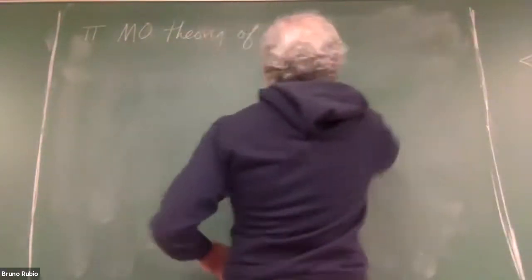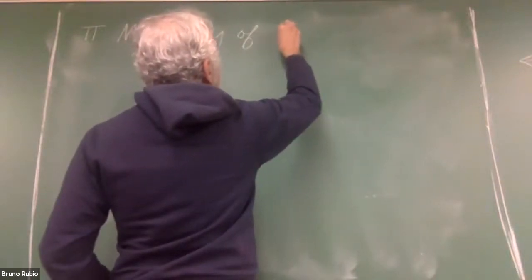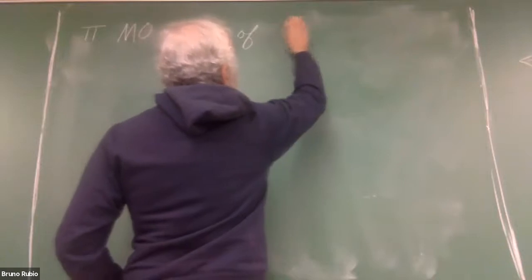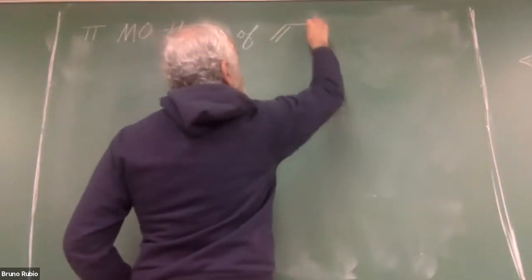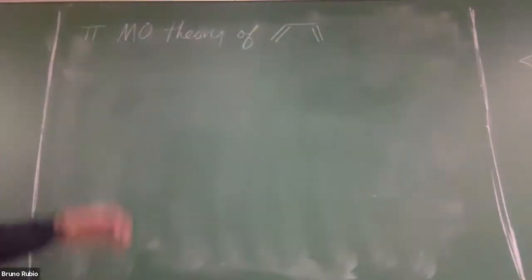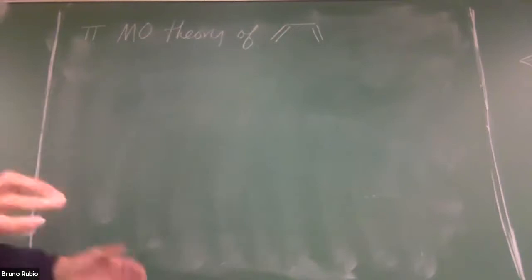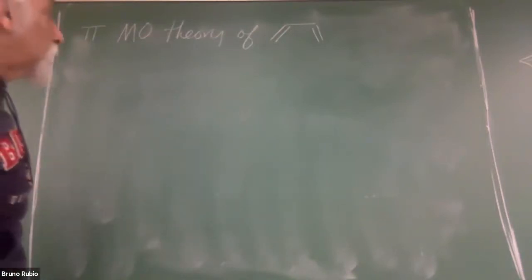So, molecular orbital theory of 1,3-butadiene. Right, and I'm going to draw the 1,3-butadiene in the C-looking shape that we always demand for the Diels-Alder.